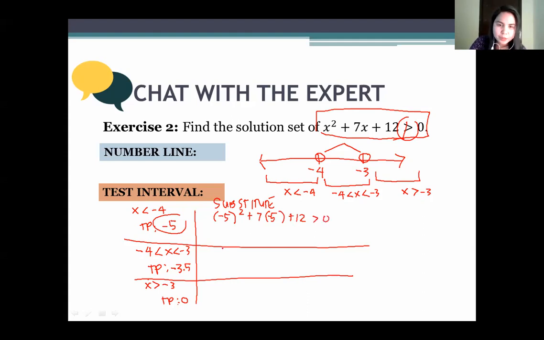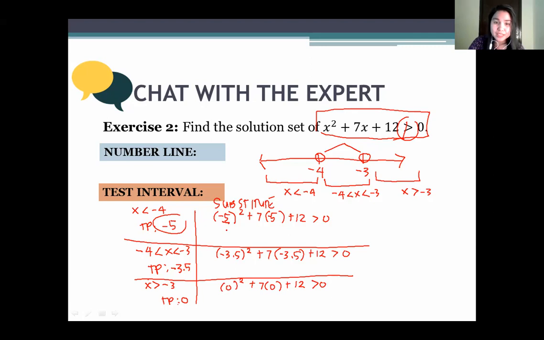In the second one, let's write it all first: -3.5 squared plus 7 times -3.5 plus 12 greater than 0. In the last, 0 squared plus 7 times 0. That's why it's my favorite, because most of the answers will be 0. So let's now start solving.